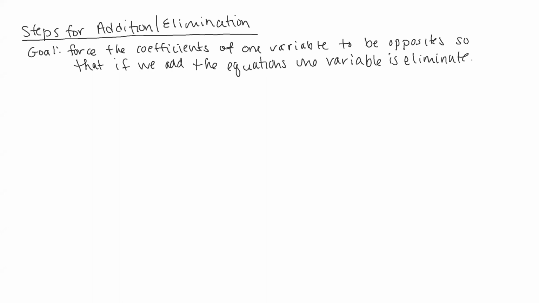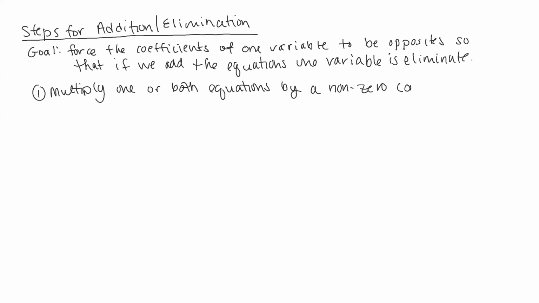So here's what we do. We multiply one or both equations by a non-zero constant so that one variable has opposite coefficients.